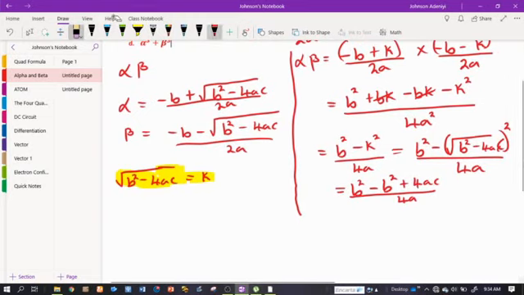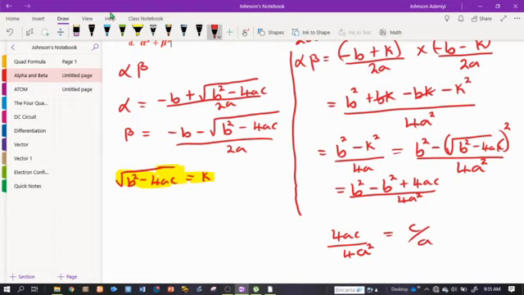So we are going to be left with 4ac divided by 4a square. So 4 will cancel 4 and one a will cancel. So our alpha times beta will be c over a.